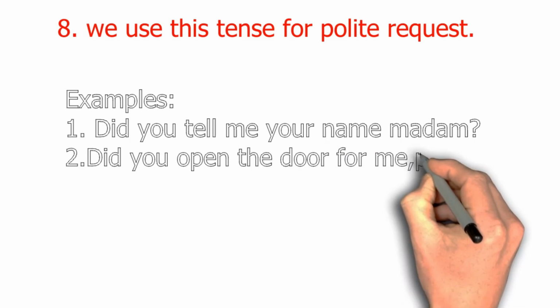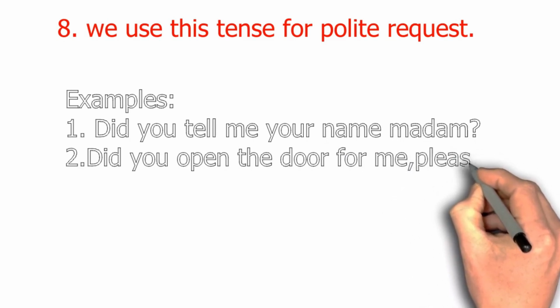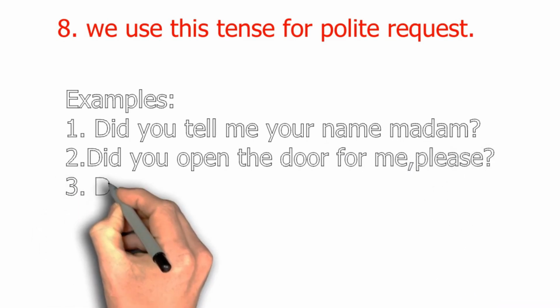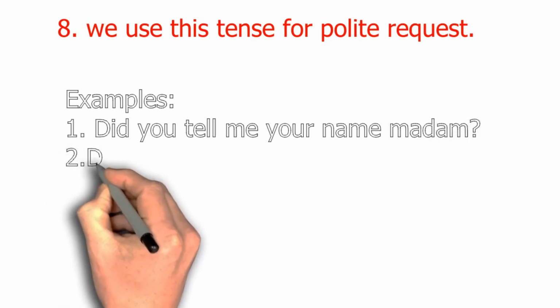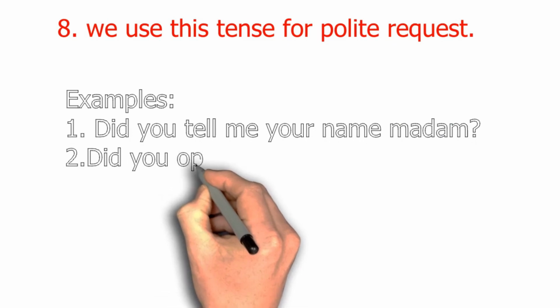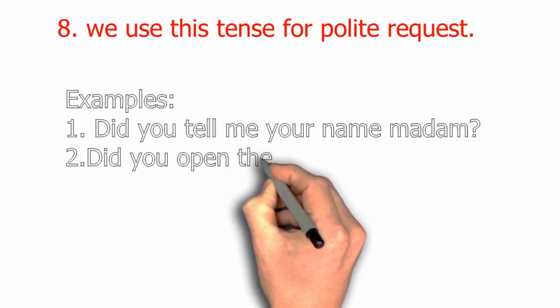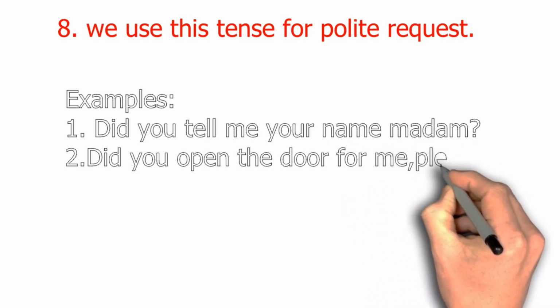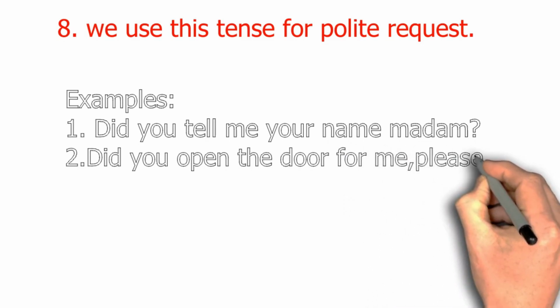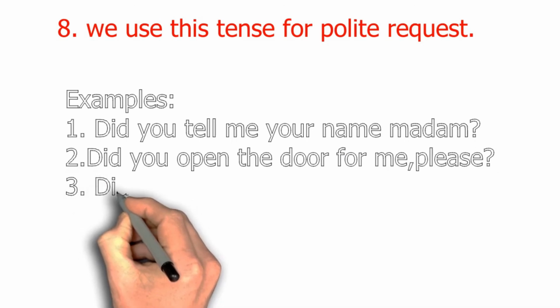Second example, did you open the door for me, please? You should not get confused here, okay? Seeing the past tense, this makes the sentence polite and exactly its meaning is present. Did you like to play with me, please? Thank you, students.